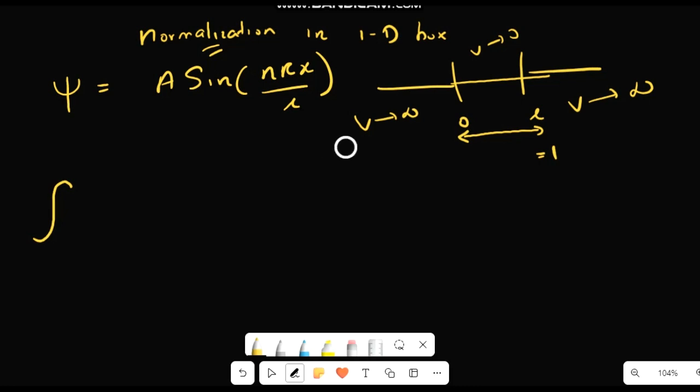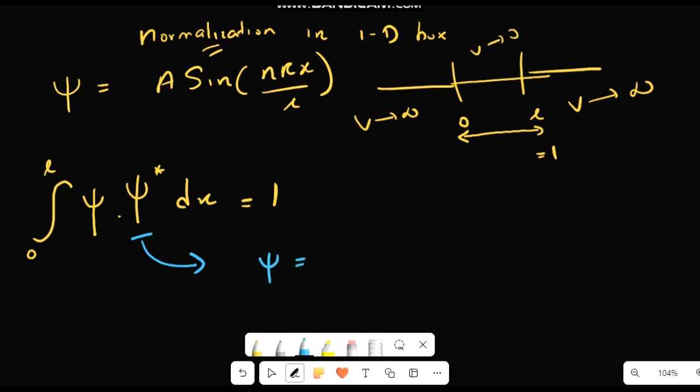So here our limits are 0 to L, and the expression is our wave function times psi star dx must equal 1. Now, what is this psi star? In our case, it won't matter. It only matters in cases like this: imagine a particle whose wave function is given by this expression.